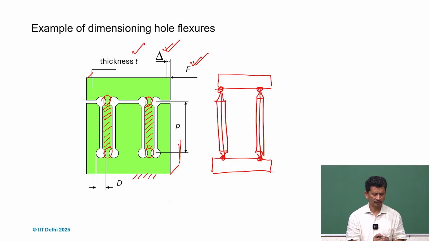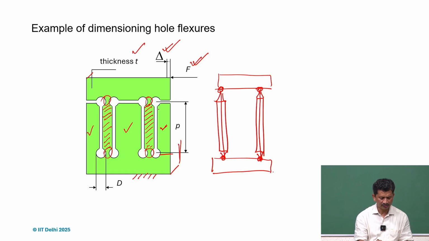The other sections, for instance, this part, this part, many times we don't remove it, we just keep it there, and it works as a mechanical stop, because after certain movement it will hit, and it's a thick mass, so it will work as a safety mechanism and mechanical stop. But even if we remove these parts, suppose we just machine it out, it will still work.